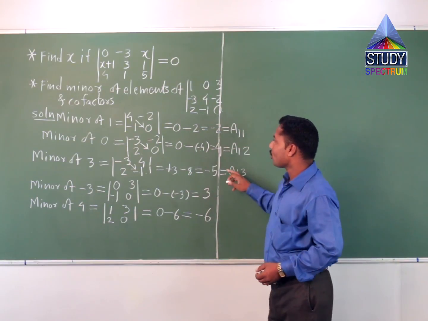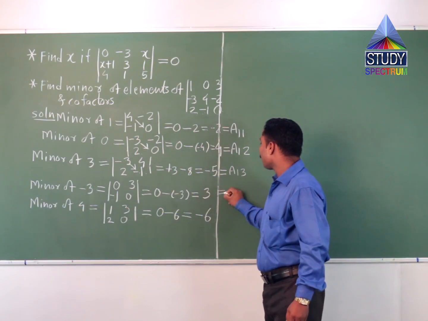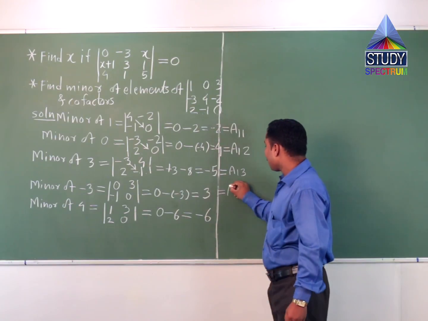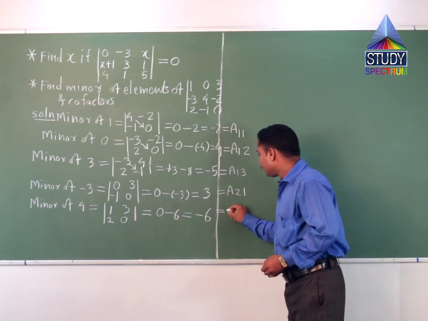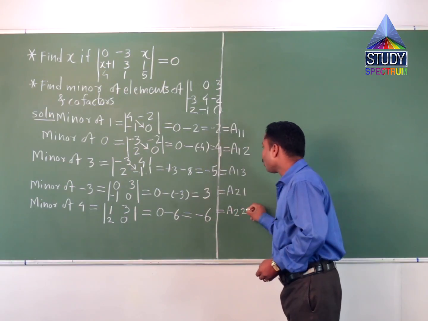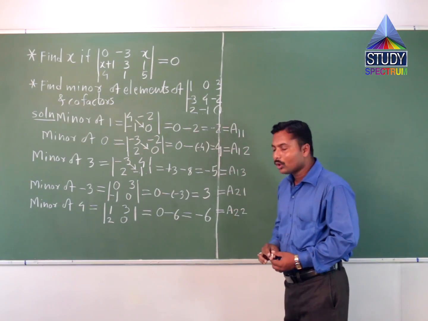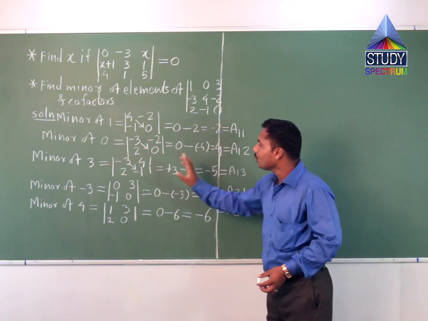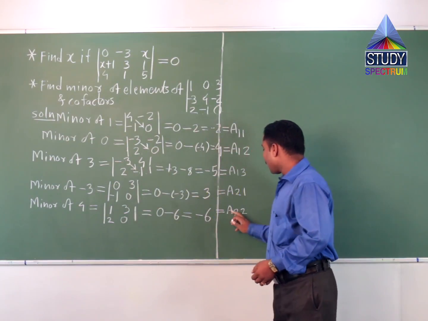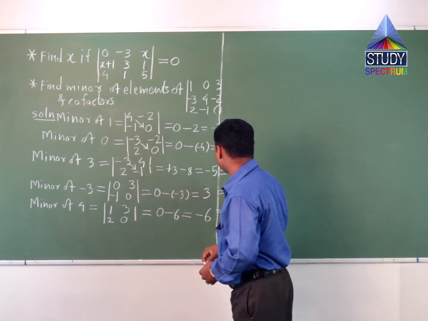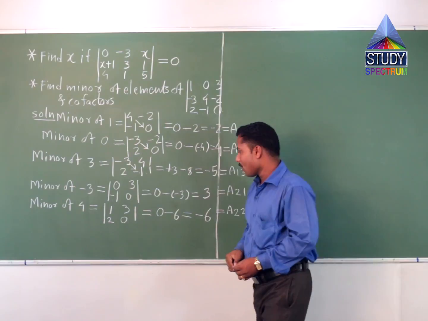This is the first row because all three numbers are of the first row. Second row, minor denoted by A21, this is A22. You can use these notations directly. If you have not understood these notations, then you can write it in words. So A23 means minor of minus 2.